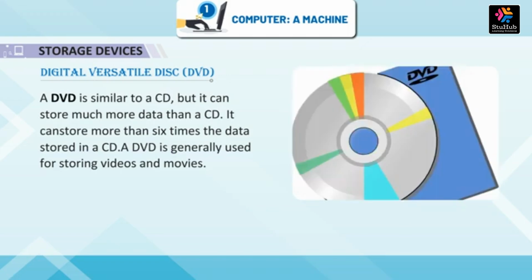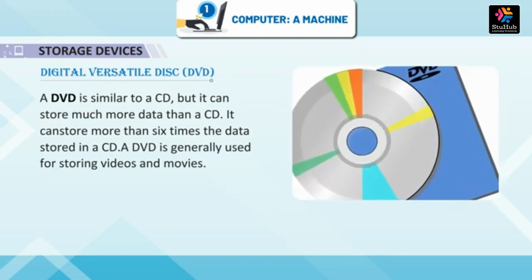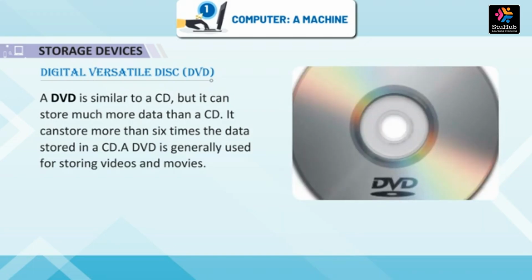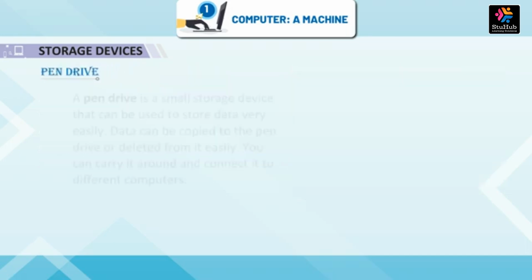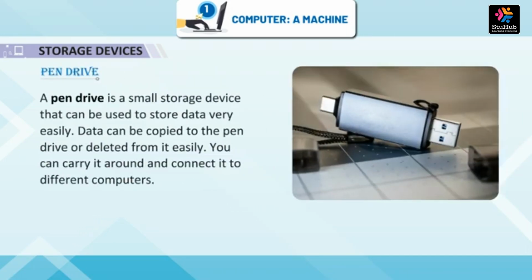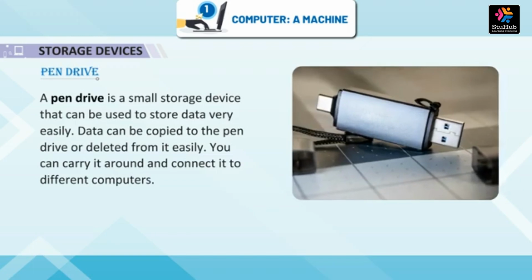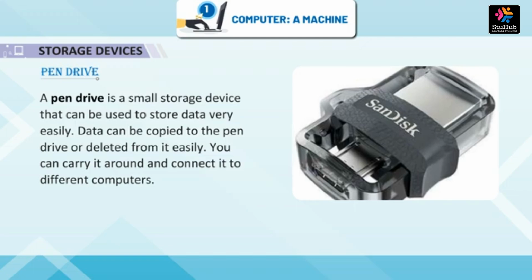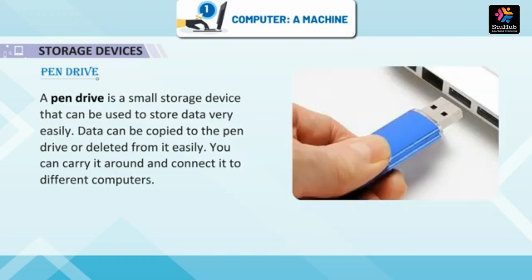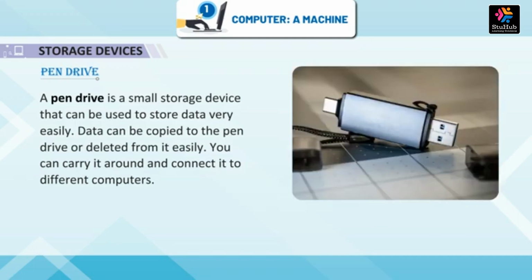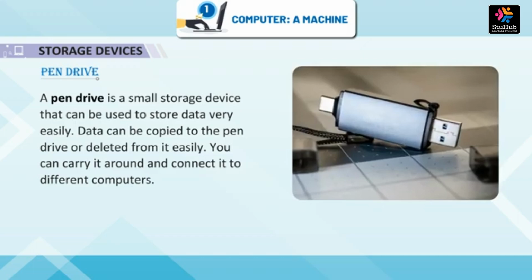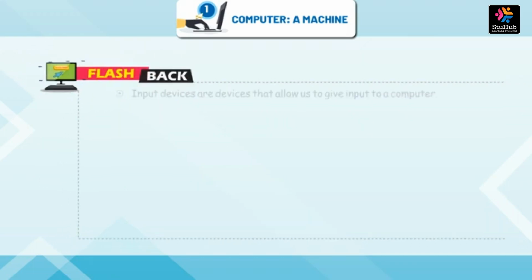It can store more than 6 times the data stored in a CD. A DVD is generally used for storing videos and movies. Pen drive. A pen drive is a small storage device that can be used to store data very easily. Data can be copied to the pen drive or deleted from it easily. You can carry it around and connect it to different computers.